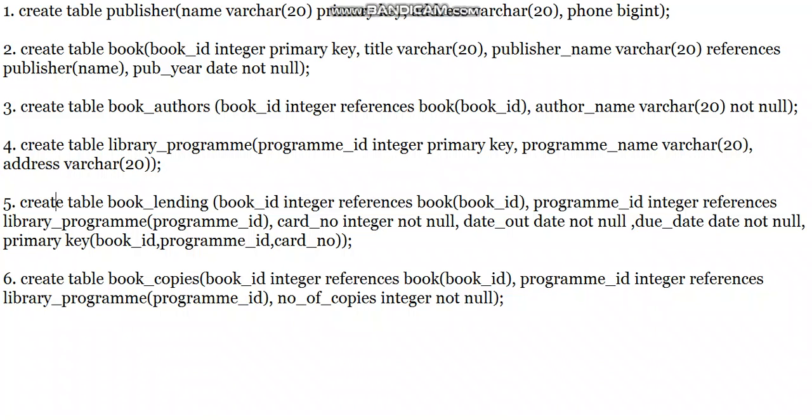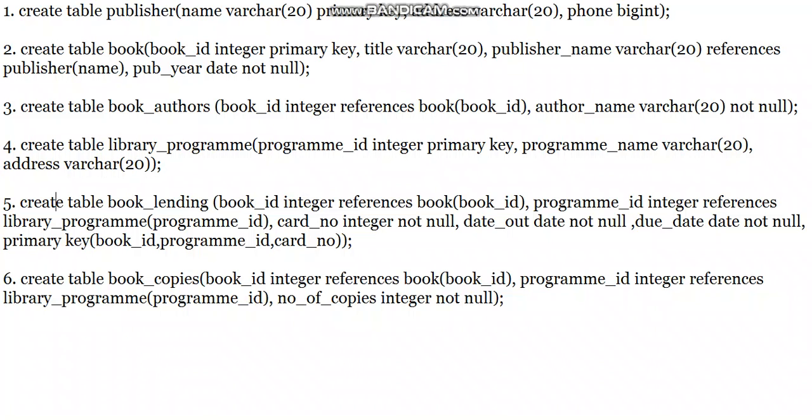Either you create book copies or book lending first, you can interchange them, because they are dependent on library program, and these two tables are independent of each other. But book is dependent on publisher, so you have to create that first. The idea is taken from the schema diagram, so for better understanding, watch video 1.